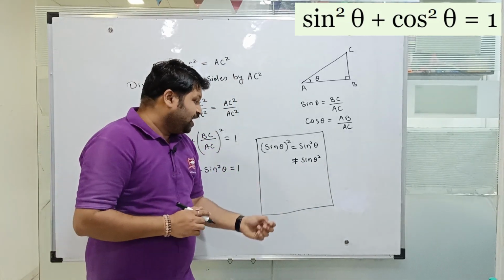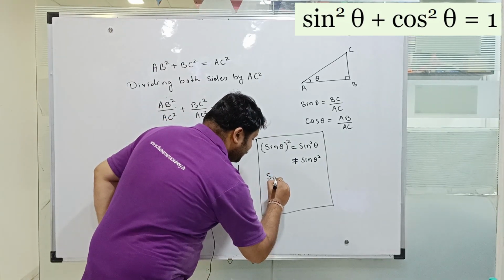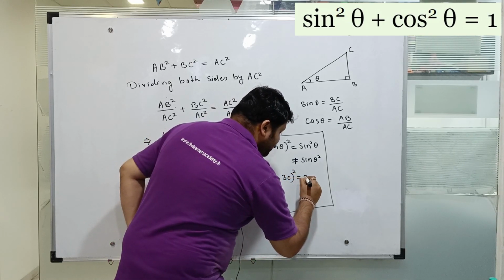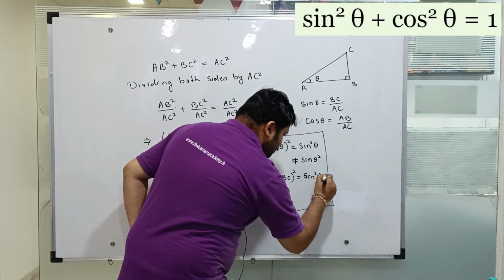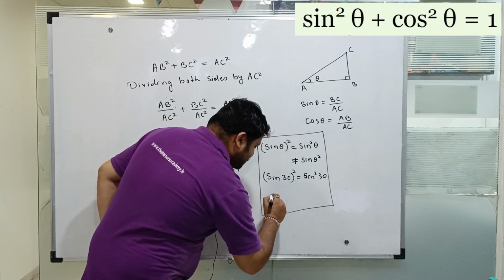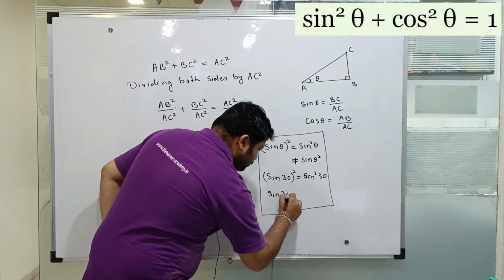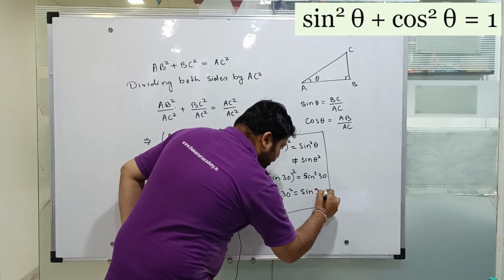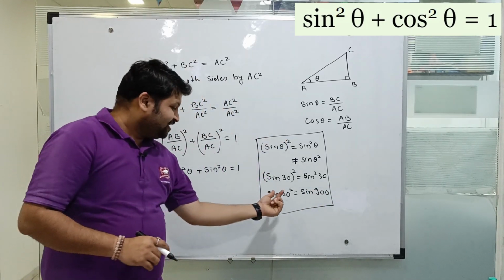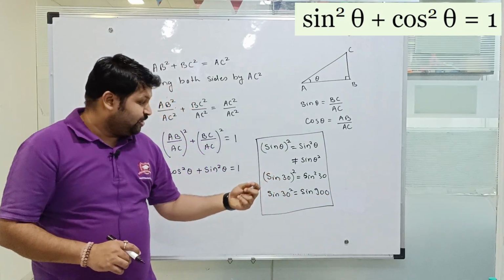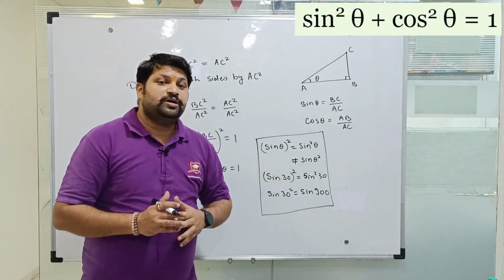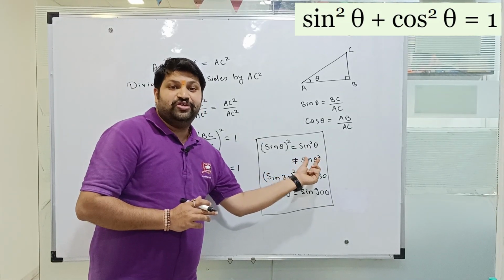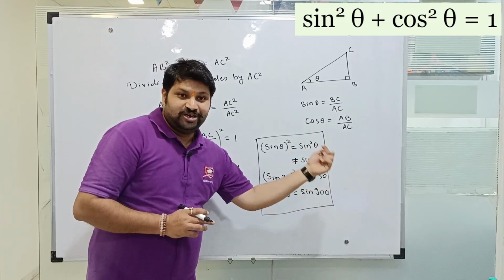So suppose I have sine 30 square, written with the square on the angle, it would effectively mean sine of 900. That is, the angle would get squared. Therefore, whenever we are squaring a trigonometric ratio, we always put the square sign right after the ratio and not after theta.